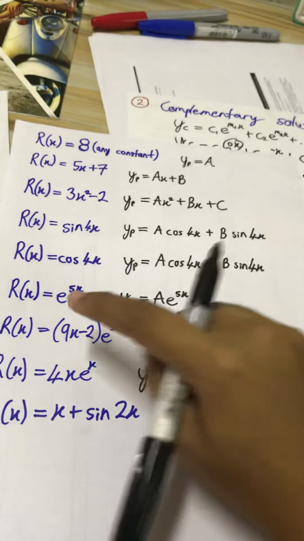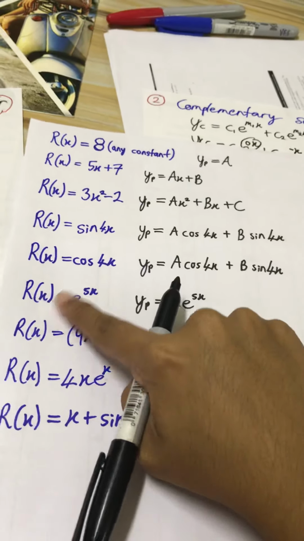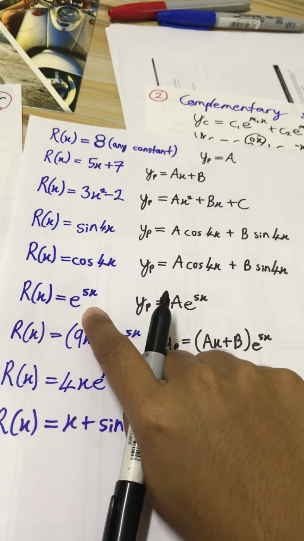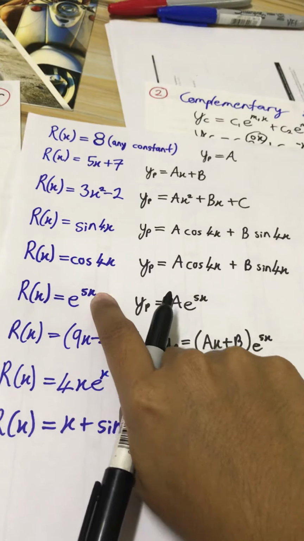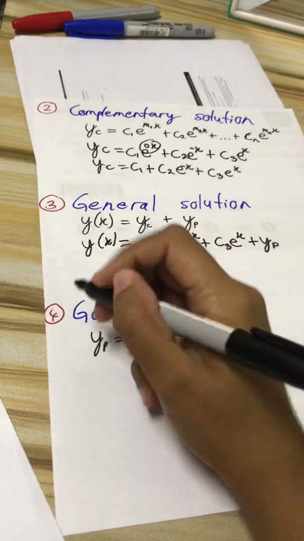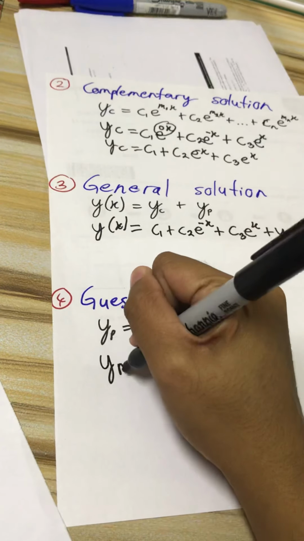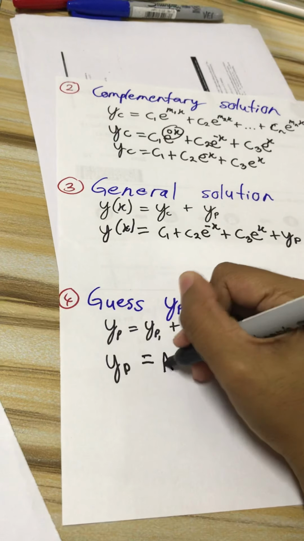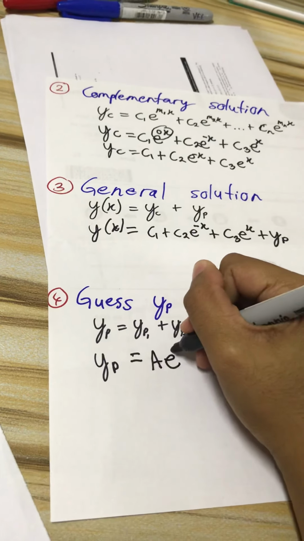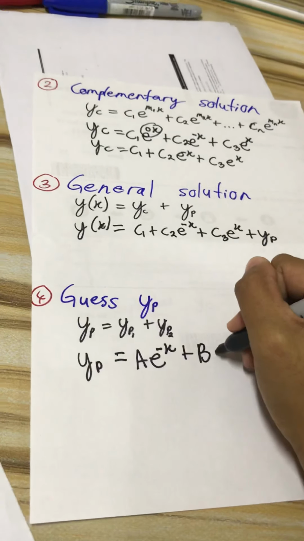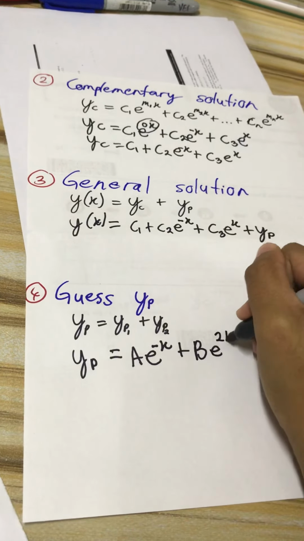So here our question is this one. So we got exponential power of x. So we guess yp, so the value of yp becomes yp equal to the first one, a exponential power of minus x plus b exponential power of 2x.